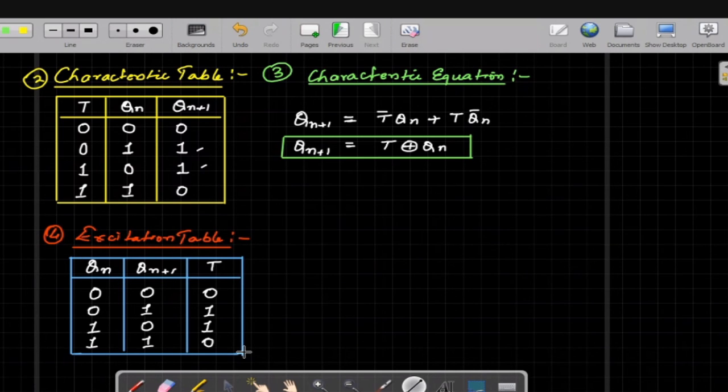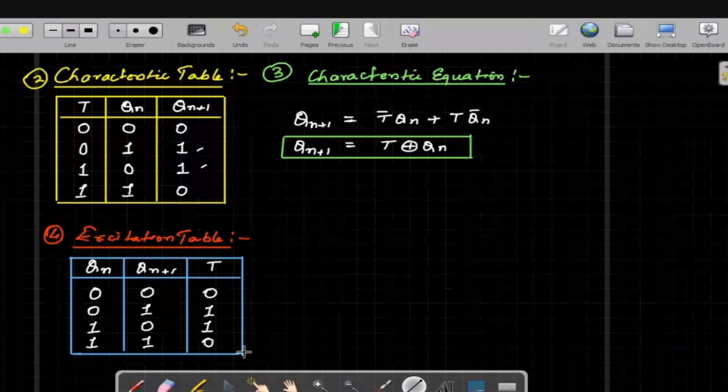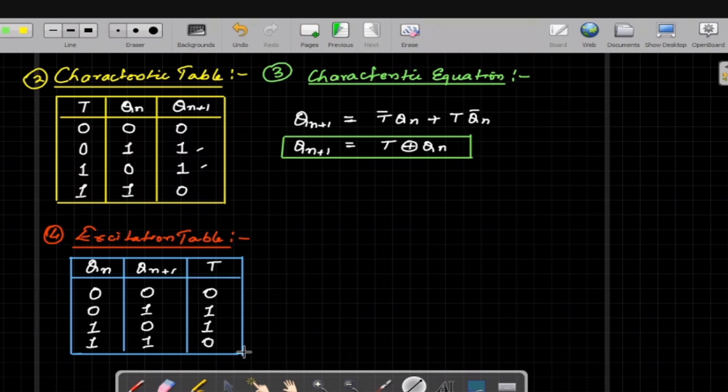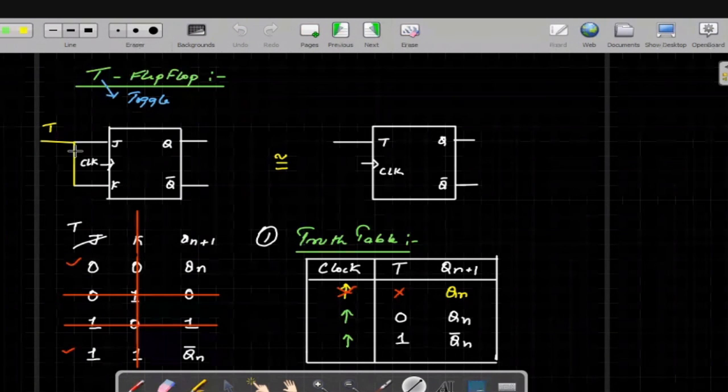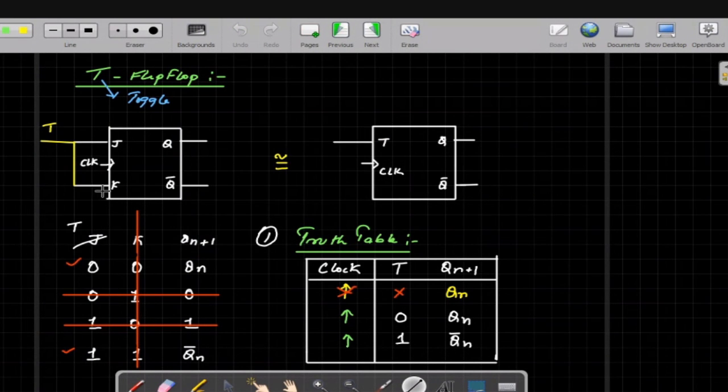Okay, so up to here I think you have studied all types of flip-flop. Let me again summarize the T flip-flop. In T flip-flop we actually combined the JK terminals, and it gives us a new terminal which is known as the T terminal, and T stands for toggle.